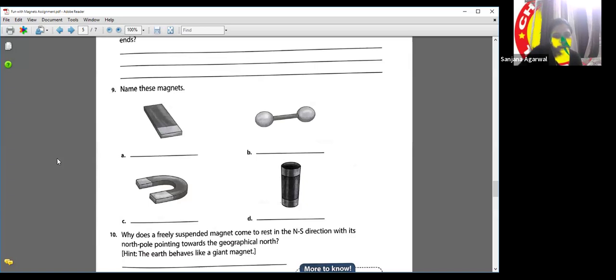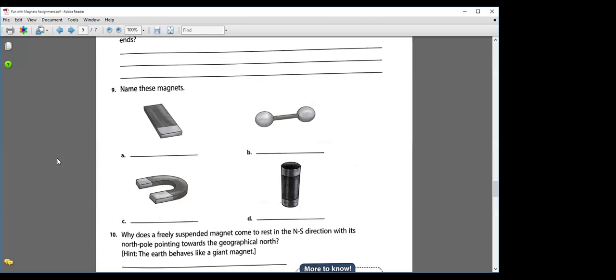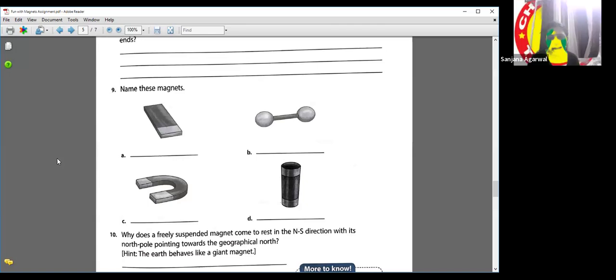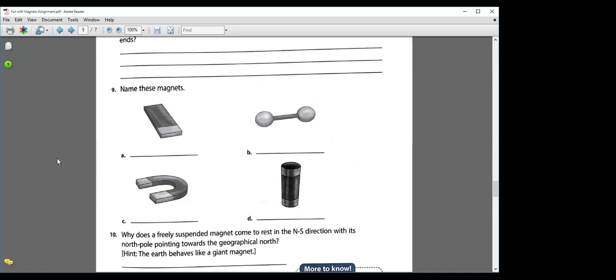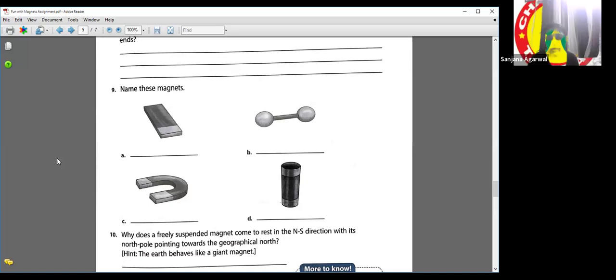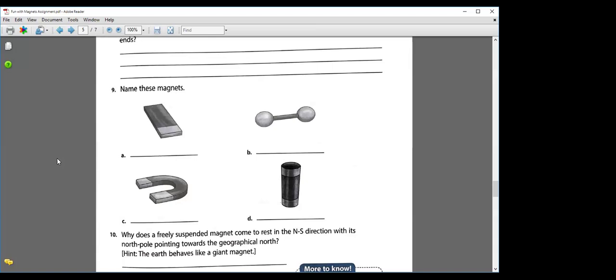B, ma'am, it's not a cell, I think we can call it a dumbbell magnet, it's the shape of a dumbbell only. And the last one is a cylindrical magnet. Yes.